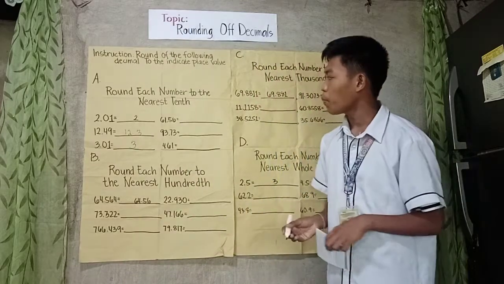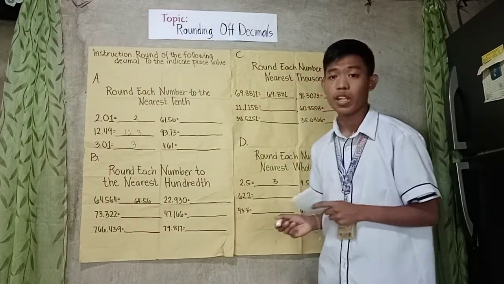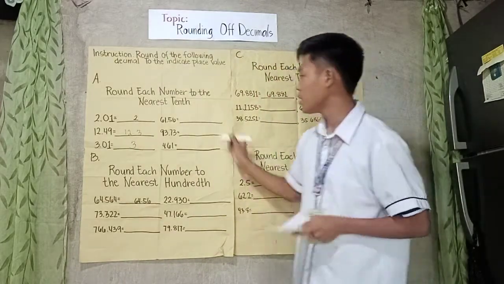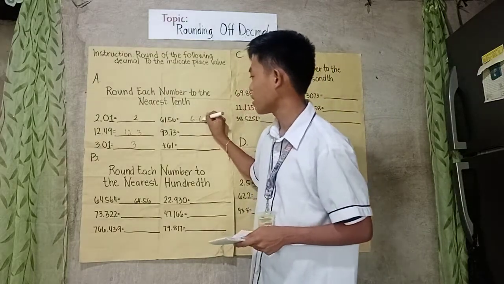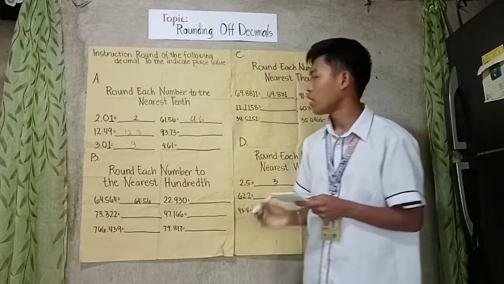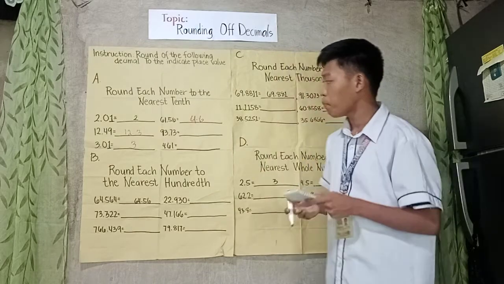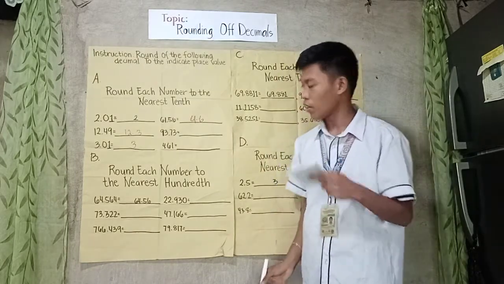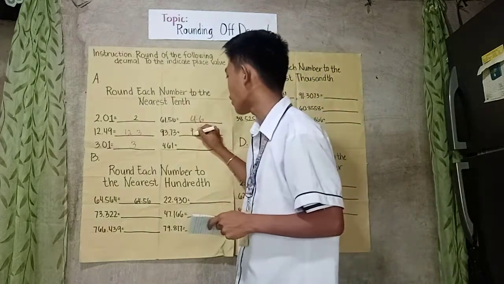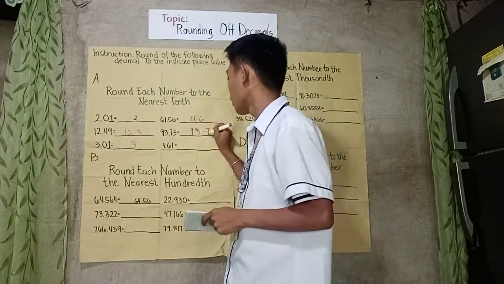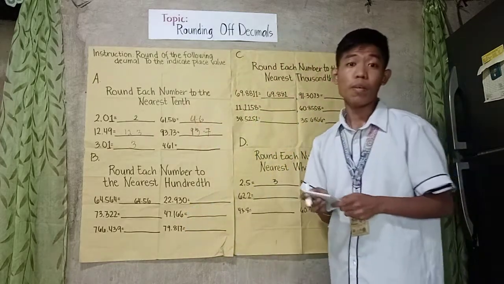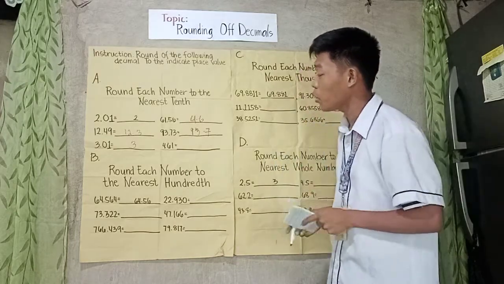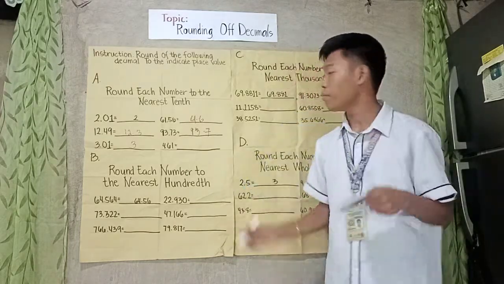Next is 61.56. If rounded off to the nearest tens, it will become 61.6. Next is 93.73. If rounded off to the nearest tens, it will become 93.7. Next is 4.661. If rounded off to the nearest tens, it will become 6.